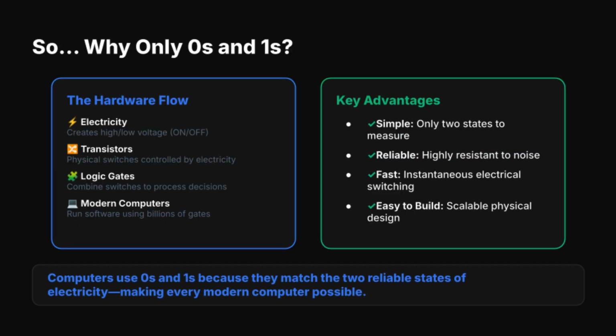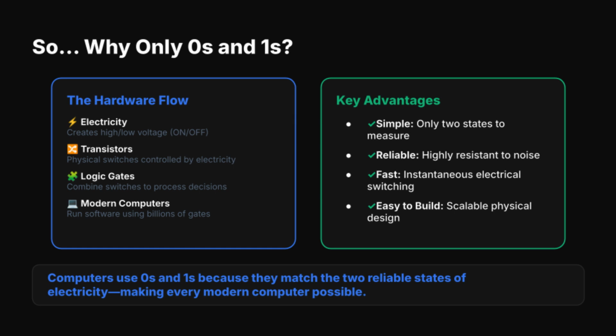Now that we have come so far, let's put everything together. It all starts with electricity, which can exist in just two states, on and off. Those electrical states are controlled by transistors, tiny electronic switches that represent zeros and ones. By combining millions and billions of these switches, we can create logic gates that can make decisions and perform calculations. And when billions of these logic gates work together, they become the modern computers we use every day.